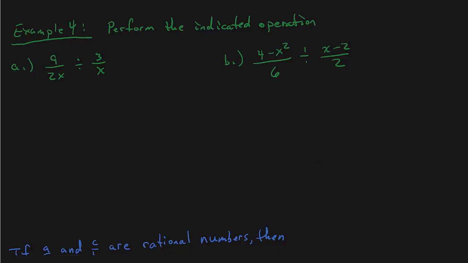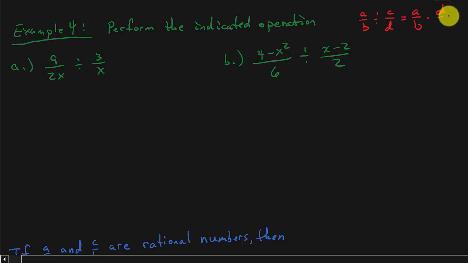All right, now let's look at division. So division, just remember whenever you're dividing fractions, a over b divided by c over d is equal to a over b times d over c. All it is, this divided by this is this times, change the division to multiplication, times the reciprocal of that term.